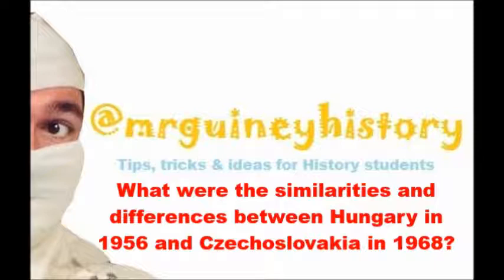Many of the rebels in Hungary hoped that Eisenhower, the President of America, might intervene, but he did not. In 1957, a Russian newspaper, Pravda, wrote of the, quote, help, unquote, it had offered the people of Hungary in 1956.